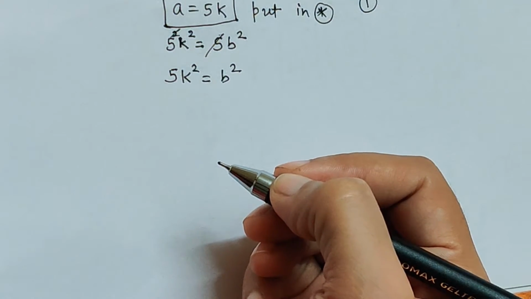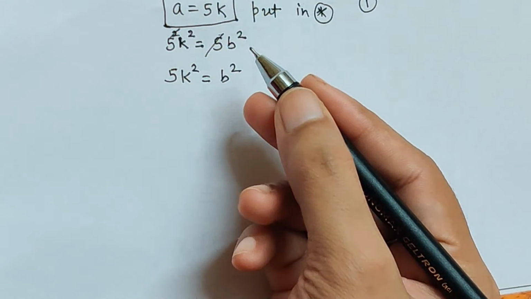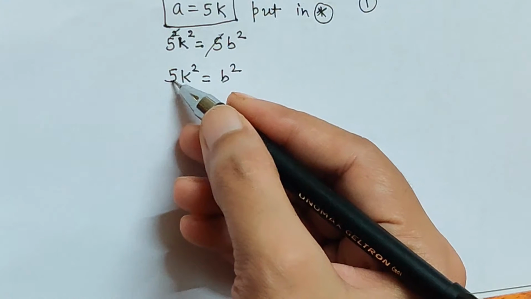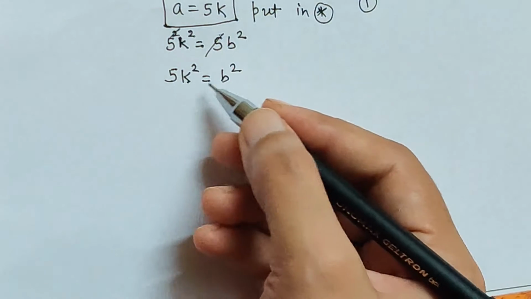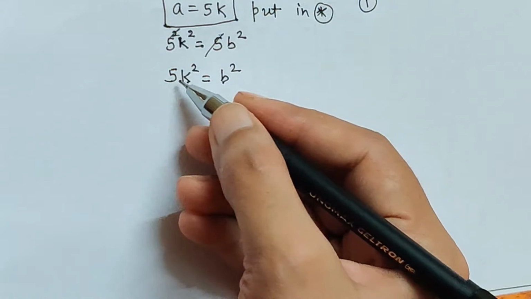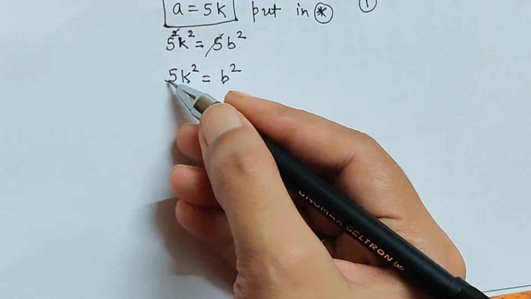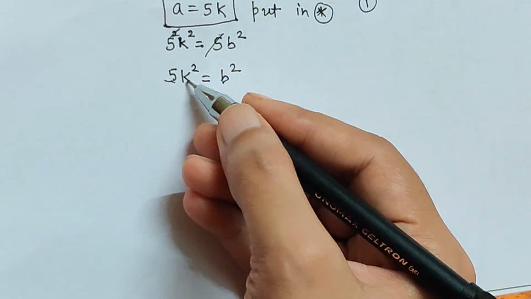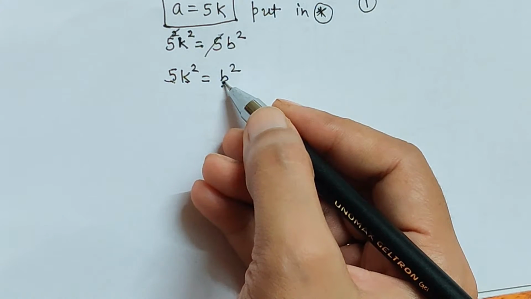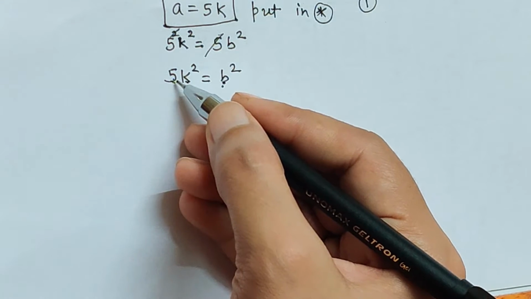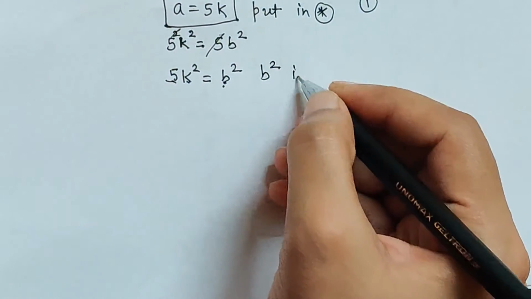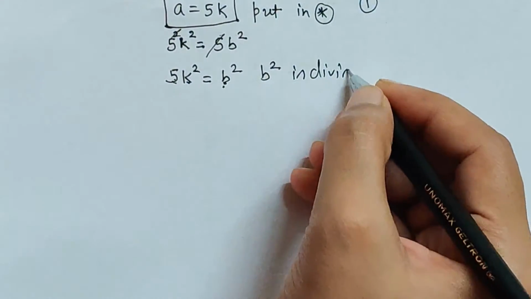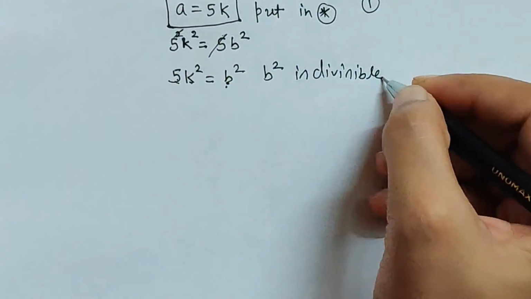Now, as per the previous steps, if 5 is multiplied with something and gives something, it means that thing is divisible by 5. That means b square is divisible by 5.